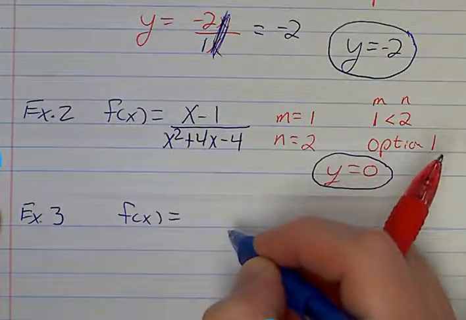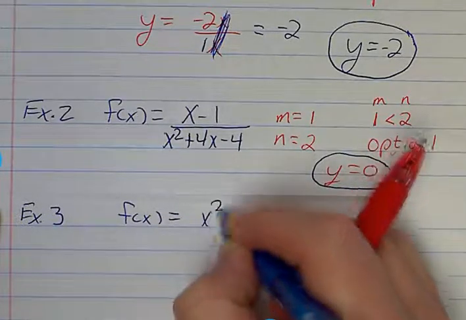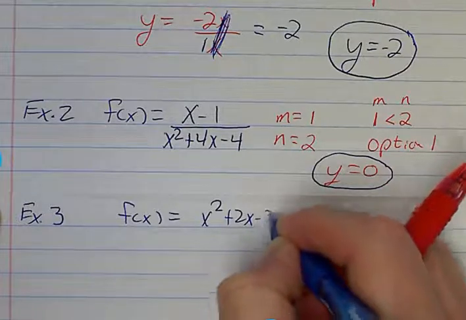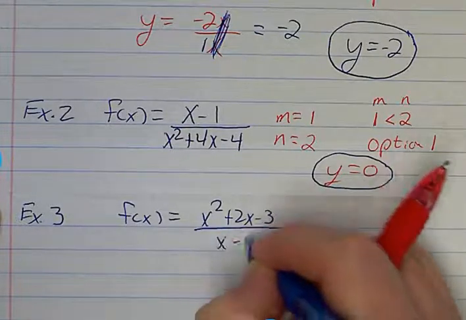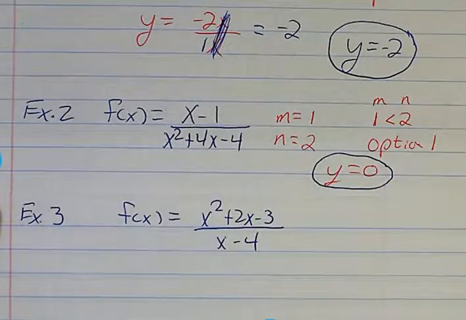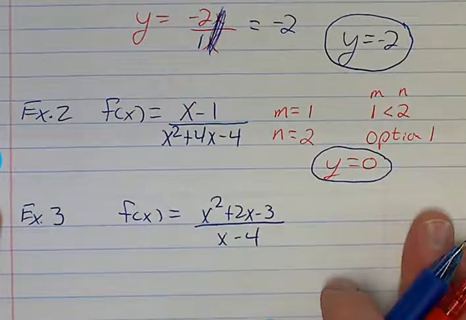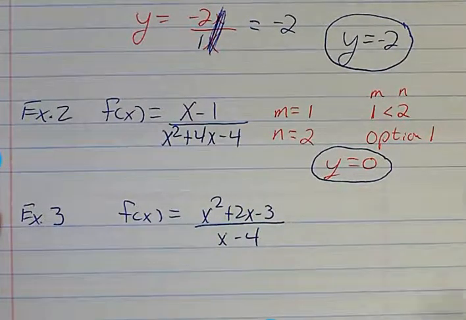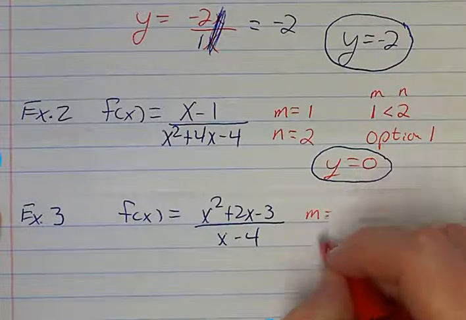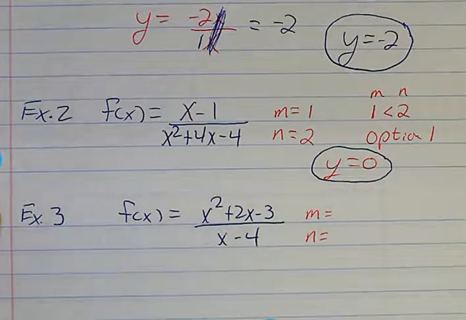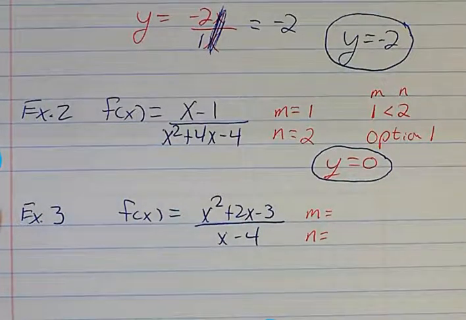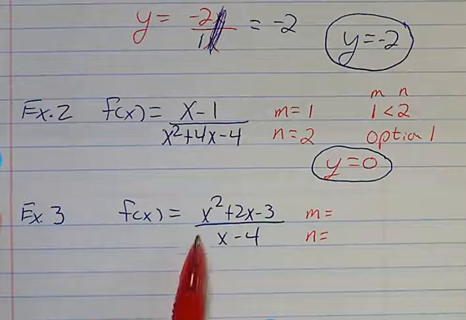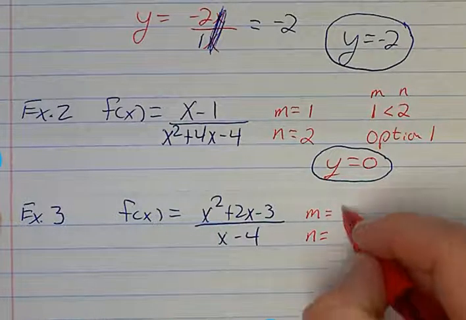Let's go with x squared plus 2x minus 3 over x minus 4. Okay, so for the numerator on this one, highest degree term is x squared, so the m is 2.